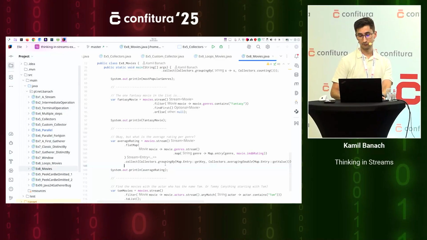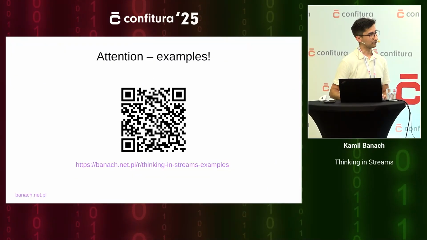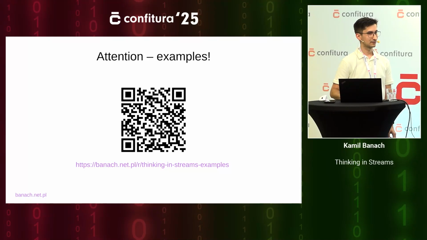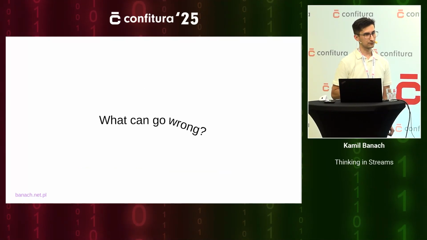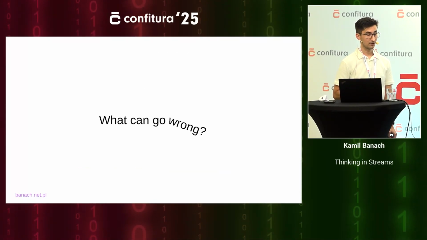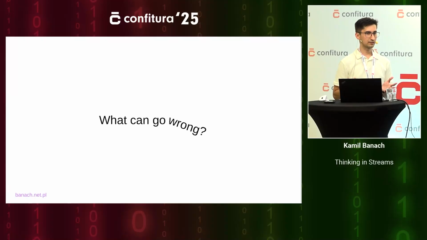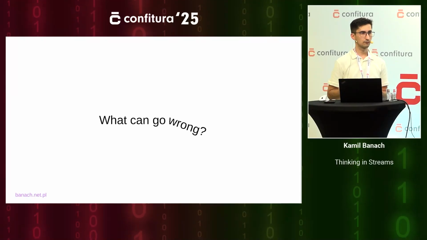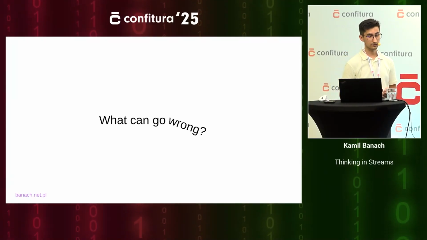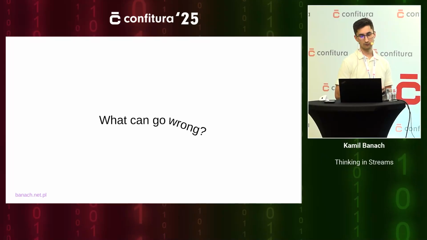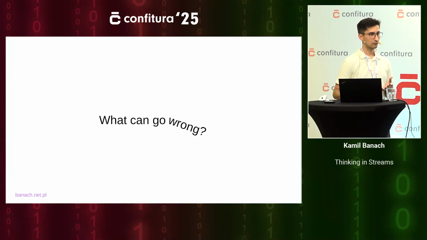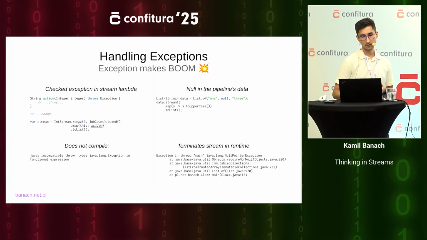Yeah, so let's go back to the presentation, and what can go wrong with the streams? So we can see that they are pretty nice, working. We are happy to use them because it is functional programming and so on. But what do we need to be aware of?